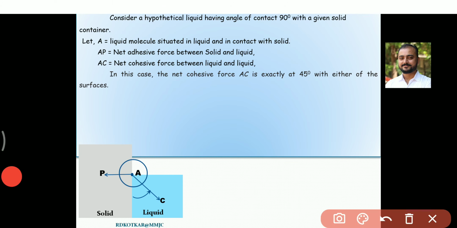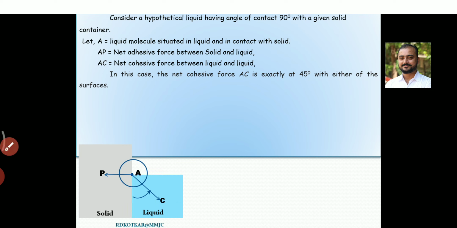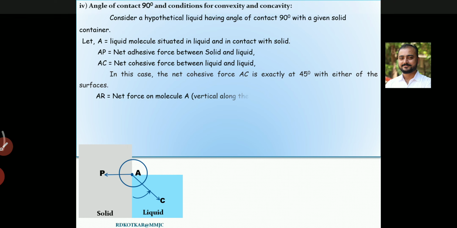Means what? It makes 45 degree with this solid surface or with this liquid surface. Either of these, it makes exactly 45 degree, because this angle should be 90 degree. And so here we are considering that AC makes exactly 45 degree with either of the surfaces.